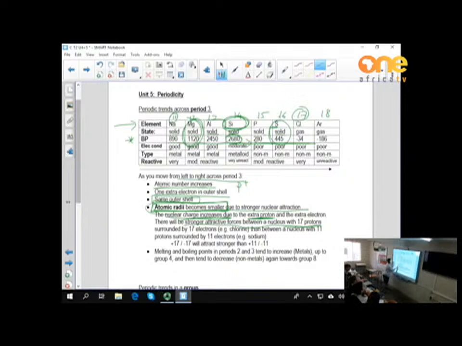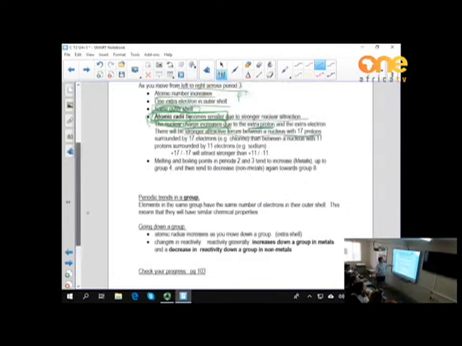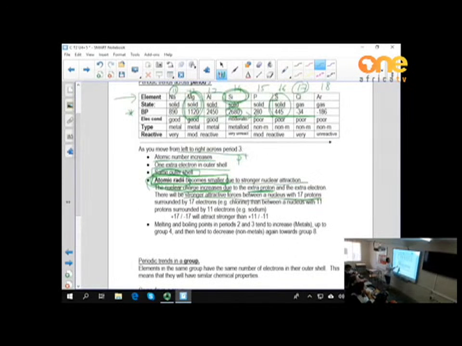Just know the atomic radius will become smaller due to stronger nuclear attraction. We draw it like this. If I have the periodic table over here, we say the atomic radius decreases from left to right. You with me? What is that sign? It means smaller, goes from big to small.